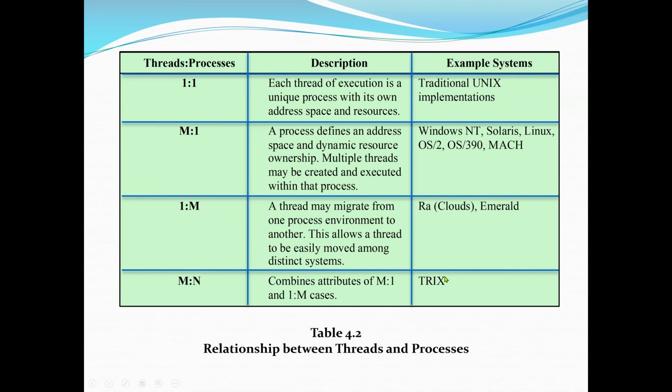In TRIX, there are the concepts of domain and thread. The domain is a static entity consisting of an address space and ports through which messages may be sent and received. A thread is a single execution path with an execution stack, processor state, and scheduling information.